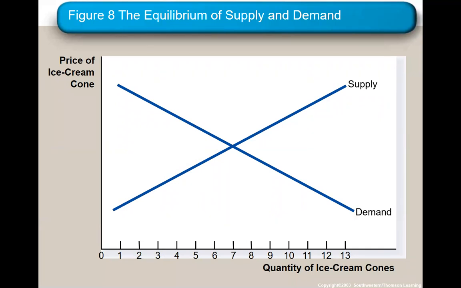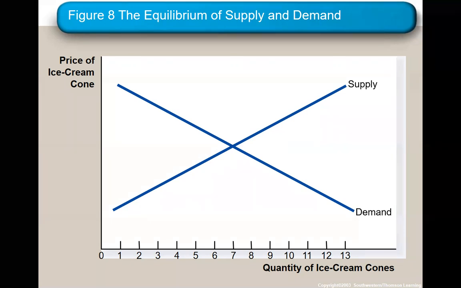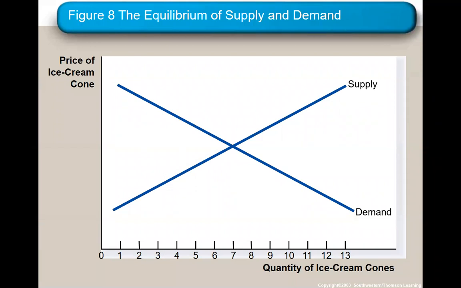Complements are two goods in which an increase in price of A leads to a decrease in the demand of B. So substitutes, the price of the substitute and the demand go in the same direction.